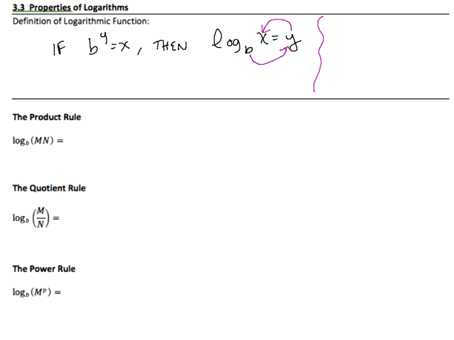Before I go through these rules, I want to establish an example, because I'm going to use it to show that these rules actually work. Now, this is not a proof that these rules work. It's just an example. Mathematical proof is a different beast, and I fear that I would lose many of y'all if I started proving these things to you.